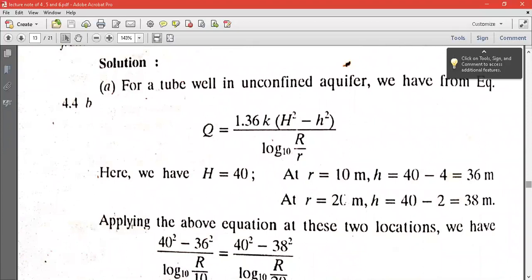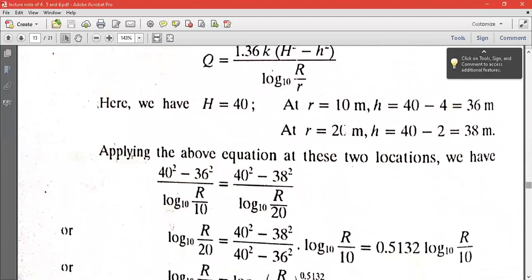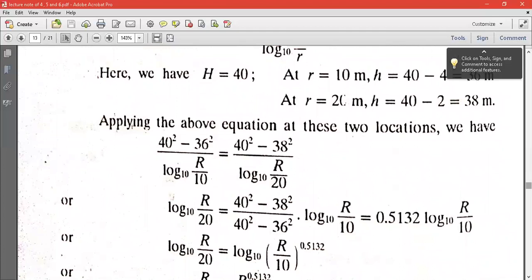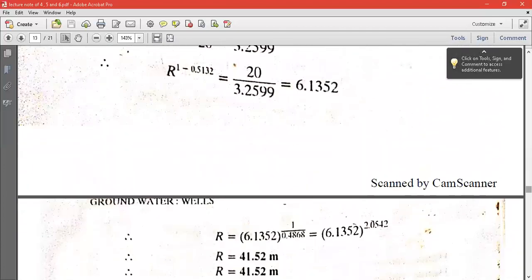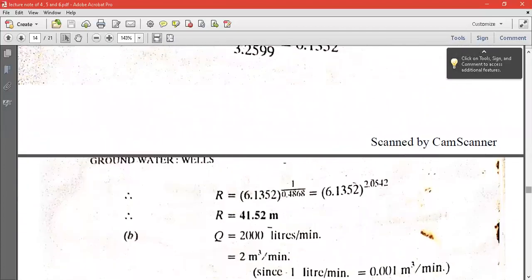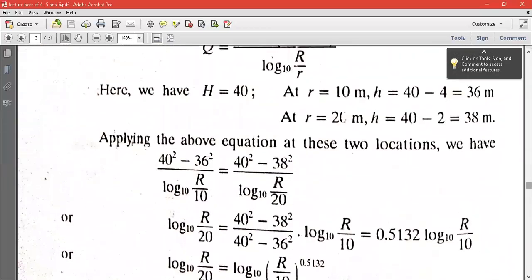Automatically 1.36k is omitted from both sides because it is a constant value, and from one equation the one unknown R can be found out as 41.52 meter, which is asked for in the question.